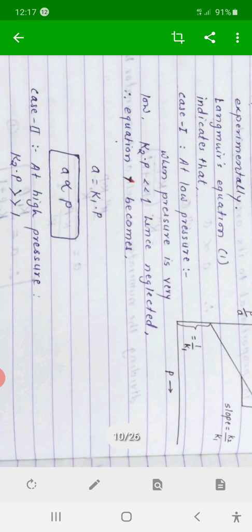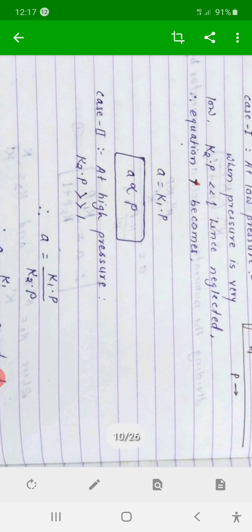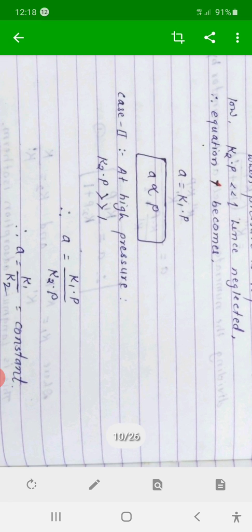Then the Langmuir adsorption isotherm equation becomes A is equal to K1 into P. Therefore, A is directly proportional to P, that is, the amount adsorbed depends on the pressure of the adsorbate.